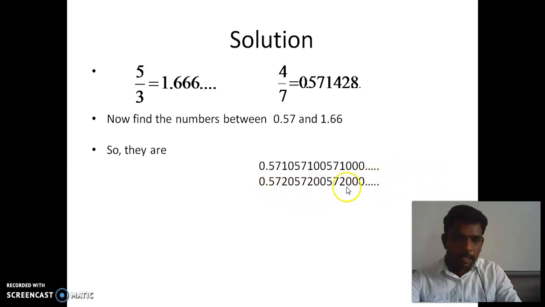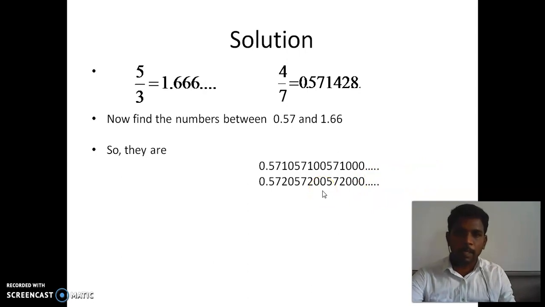In this example, is anything repeating? No, because here 5720, here 57200, the next numbers 57240. So here it keeps going on, that is non-terminating, and no set of numbers is repeated here.